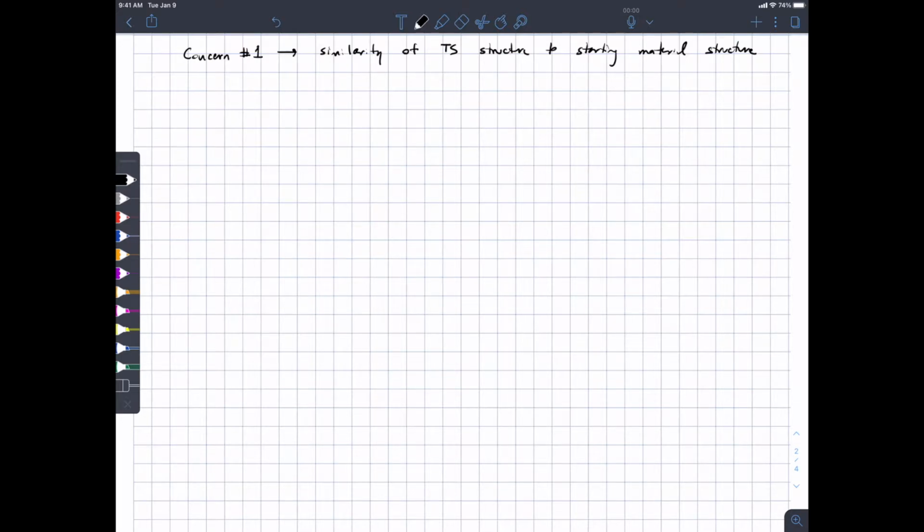So let's imagine, and we'll use sort of Hammond postulate to think about this, a very exothermic reaction where the transition state is very close in structure to the starting material. Here's your transition state, here's your starting material. All right?